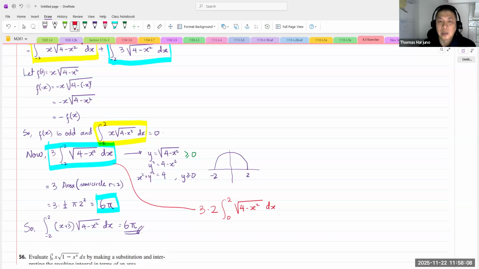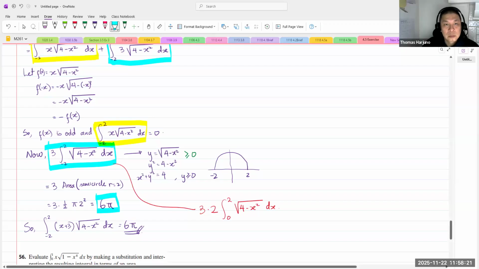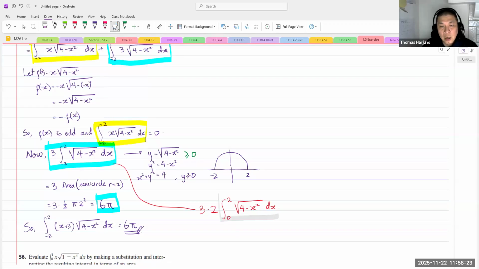You can show that separately, okay? But the key part is the integrand gives us a semicircle, or in the last integral here, a quarter circle. This integral here represents a quarter circle with radius 2.